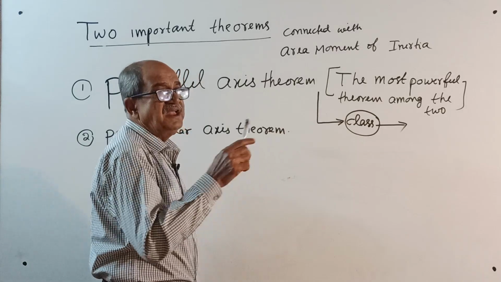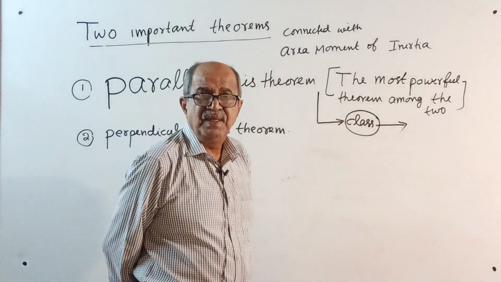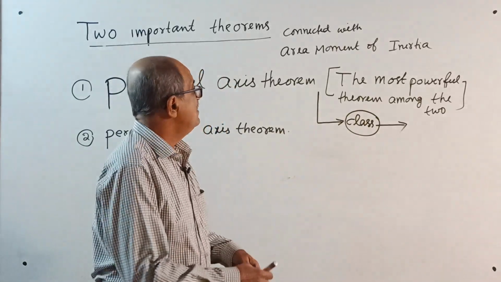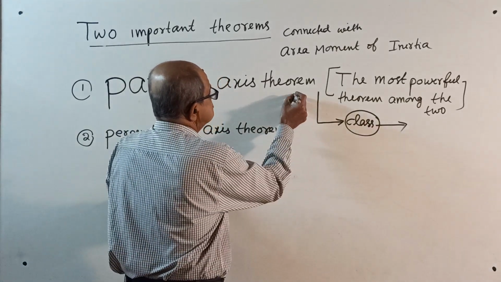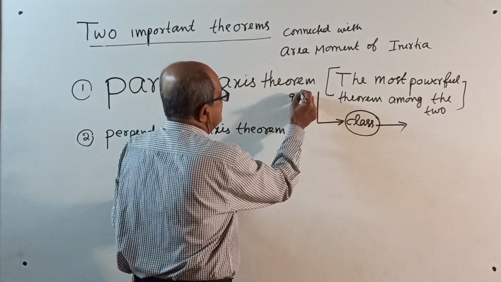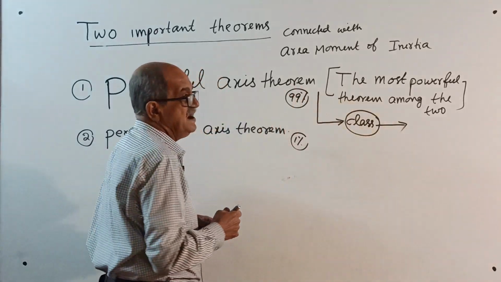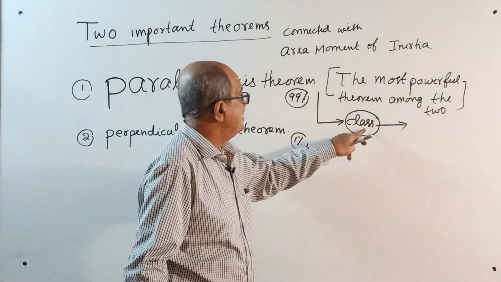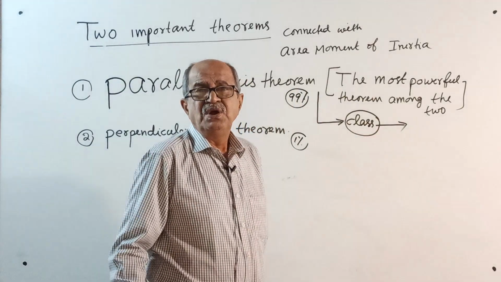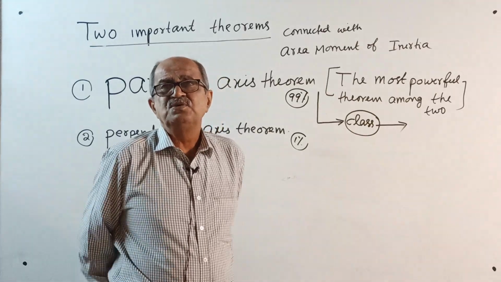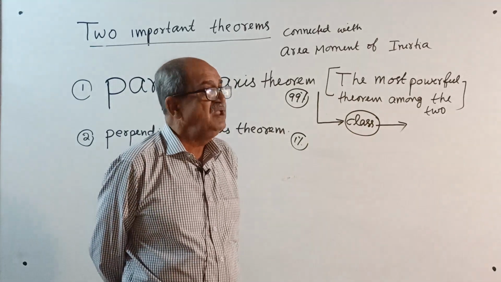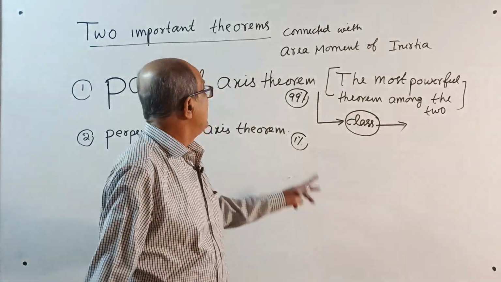If you give weightage as far as application is concerned, from the weightage point of view, it is 99%, 1%. Today, I will not discuss too much about the principle. I will tell you too many details about the parallel axis theorem.